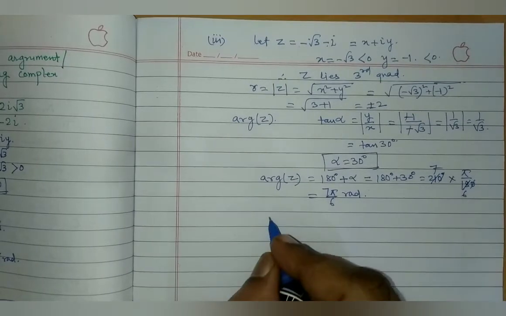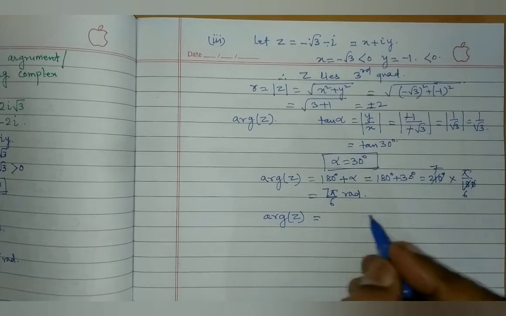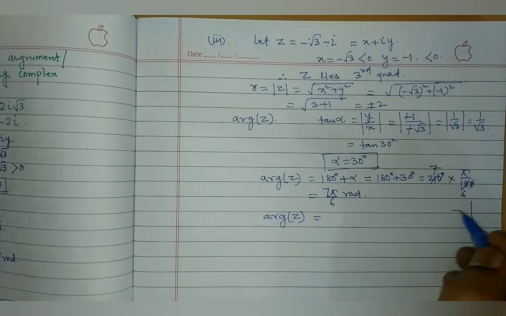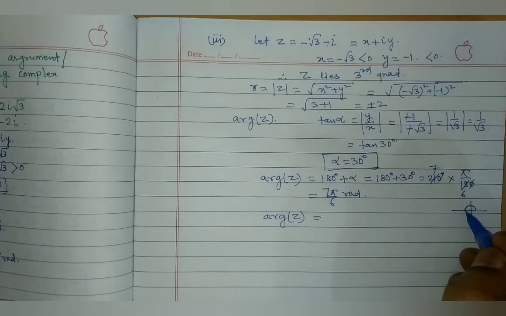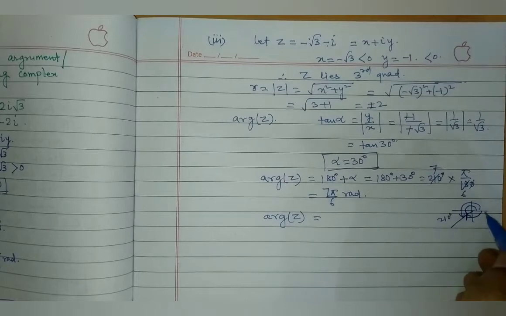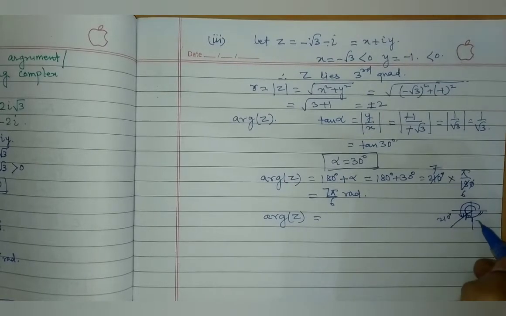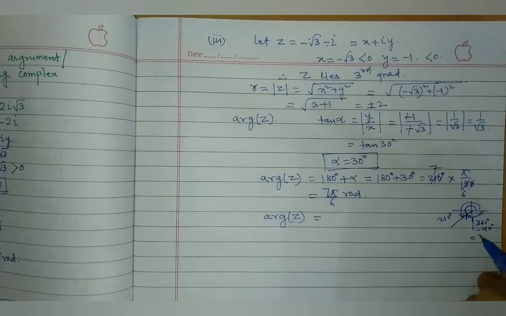But one more argument we will get. Suppose this is 180 and 30, so it is 210 degree. In this way, if we find the other one, it is 360 degree minus 210, so it is 150.